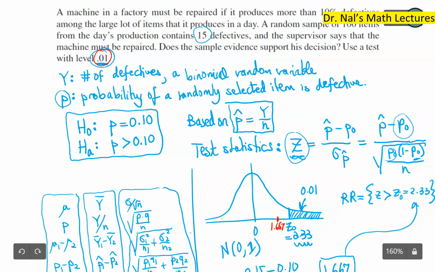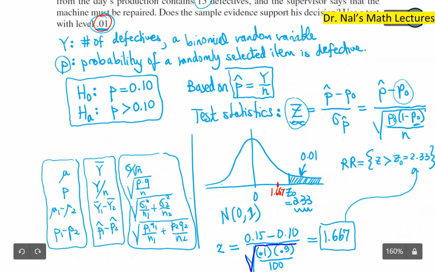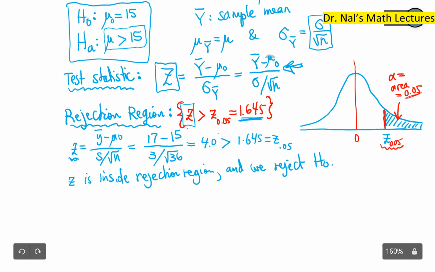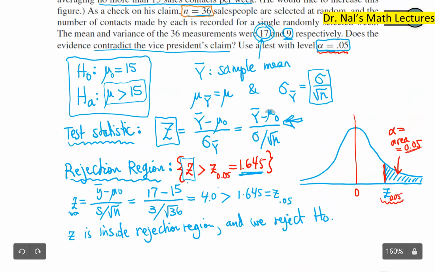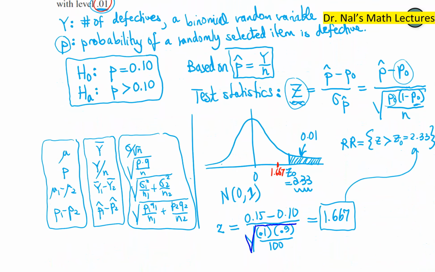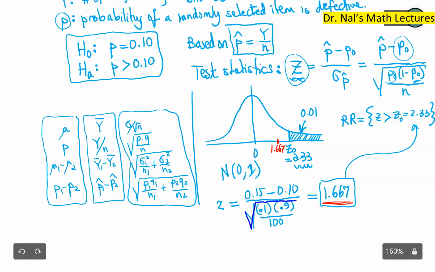0.01. I'm pretty sure, 100% sure, that if you check our previous example, where we used 0.05 as our significance level, the critical z is 1.645. With that, we would have rejected it because this number is greater than 1.645.